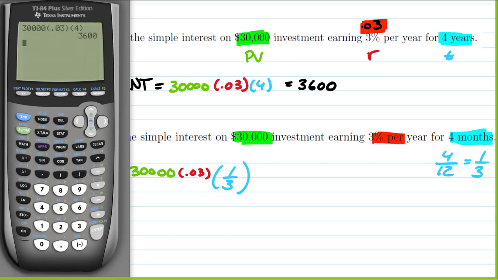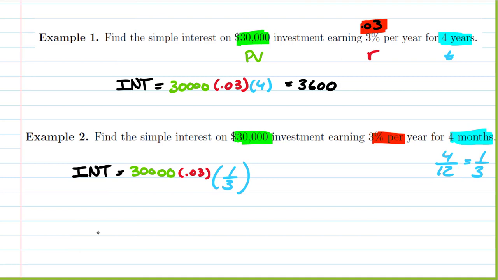So putting all of that into our calculator, we have 30,000 times 0.03 times 1/3, and we would get $300. So we would earn $300 in interest for 4 months.